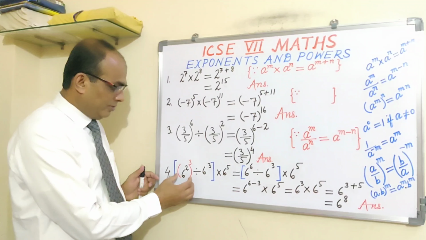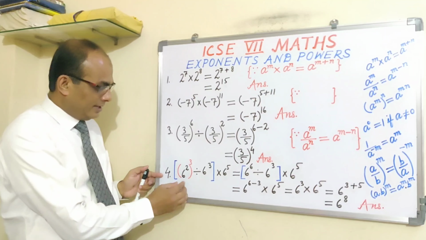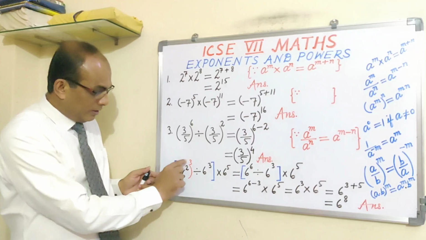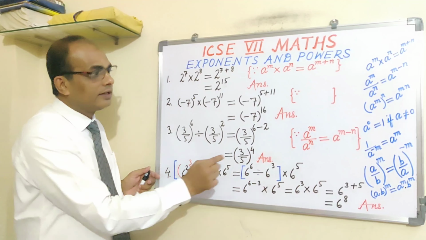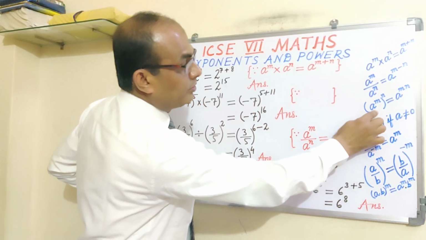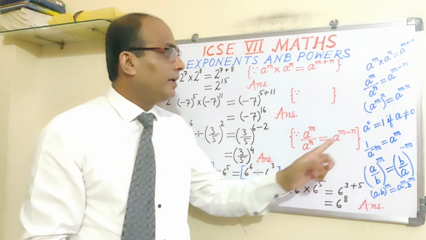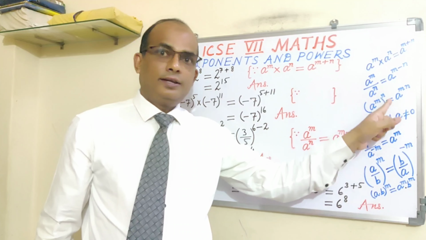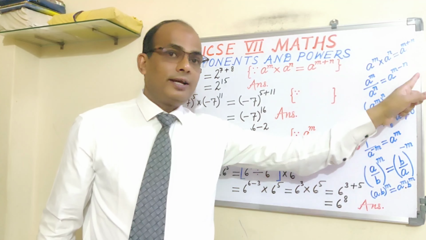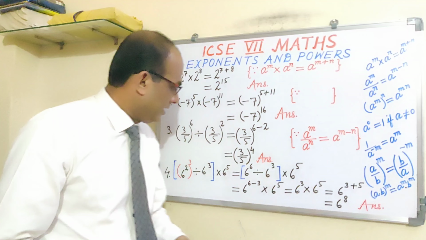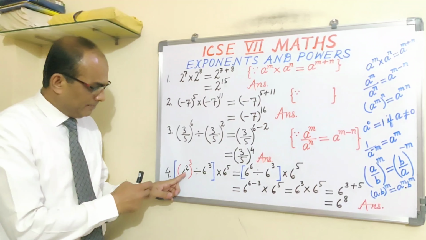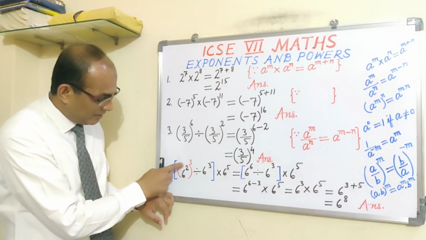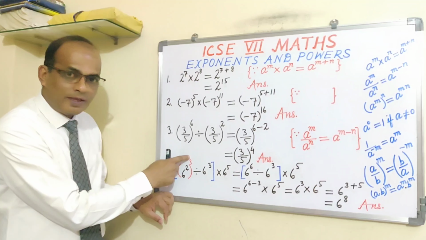Then first of all we are opening this bracket. So see this, a raised to the power m whole raised to the power n is equal to a raised to the power mn. We multiply m and n, meaning 2 into 3.